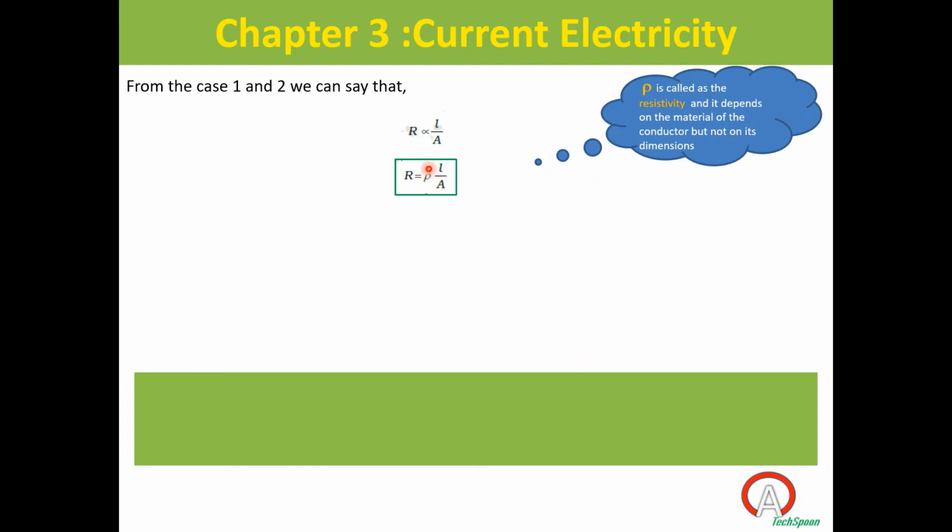From this equation, we can see that it should depend, but it will not. If you know how resistivity is defined, we will get the answer for why it does not depend on the dimension. That we'll see in the next explanation.